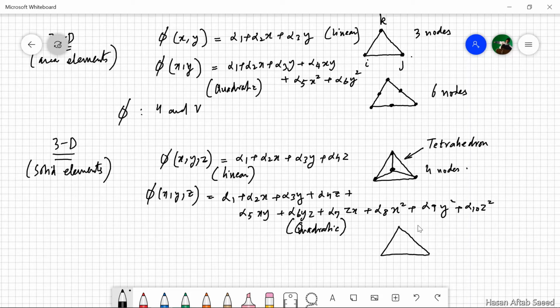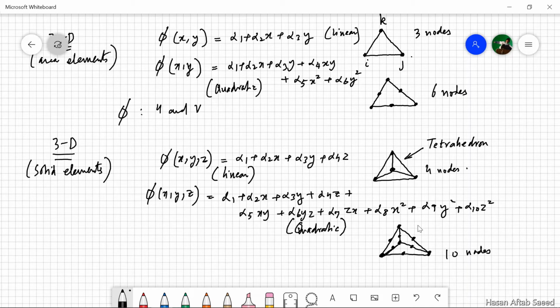you can see that if this tetrahedron that we have already considered, apart from the 4 nodes at all the corners that linear element has, if we add nodes everywhere in between also, and we can count 1 2 3 4 5 6 7 8 9 10, exactly it will do the job.